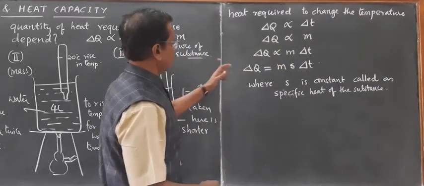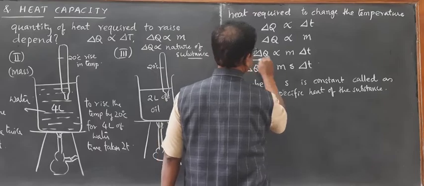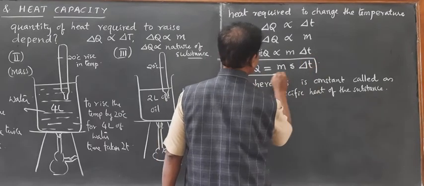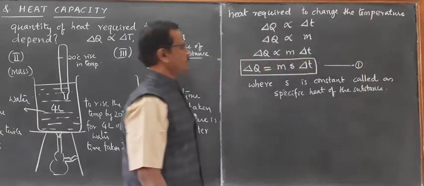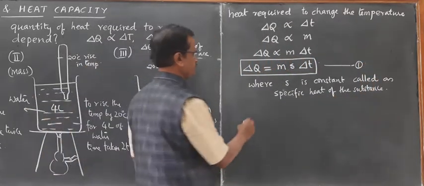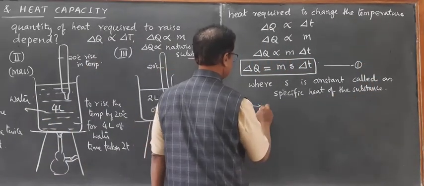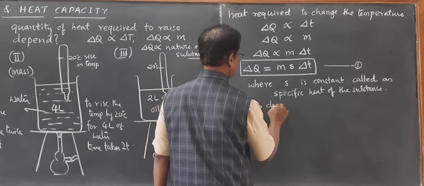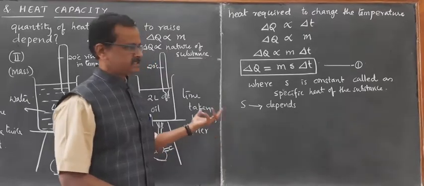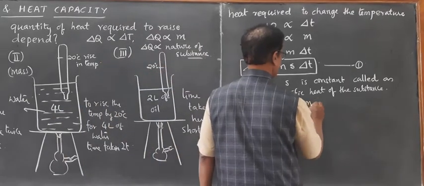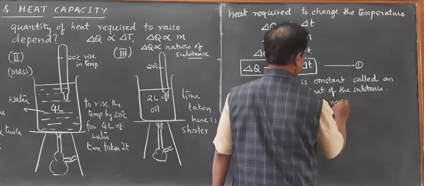So we get a very important relation: delta Q is equal to m s delta T. Let's call this equation number 1. The value of this specific heat s depends on the nature of substance.